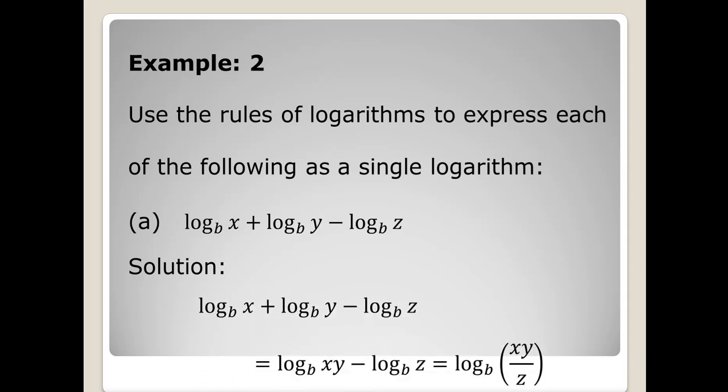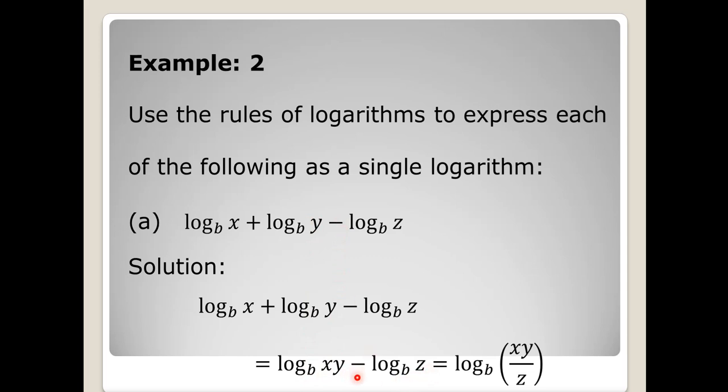Now, log x to base b and log y to base b, because they are added to each other, and the base of the logs are the same, b and b, then we can use the first rule to combine them in one log, and this will be equivalent to log x times y to the base b. See here, because this is log x plus log y, we can write it as log xy minus log z to base b.